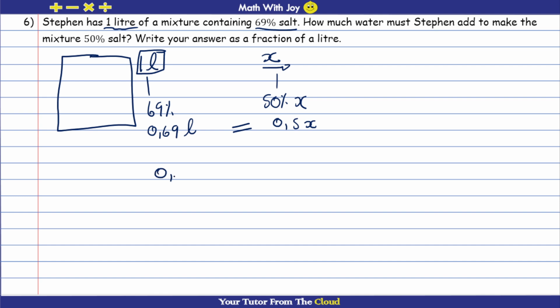So we're going to have 0.69 equals 0.5 X, where X is how many liters we have now at the end. So I solve for X here by dividing by 0.5 on the other side.